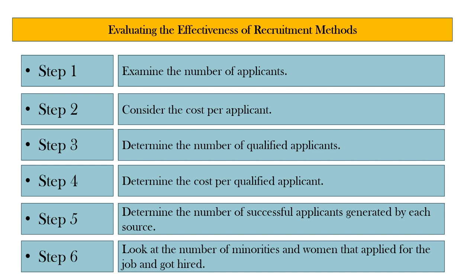Right? So for step 6, the last one, we also look into the number of minorities and women that applied for the job and got hired. Why? Because this is looking for inclusivity, and we are also trying to provide an avenue for women to go for jobs. Okay?